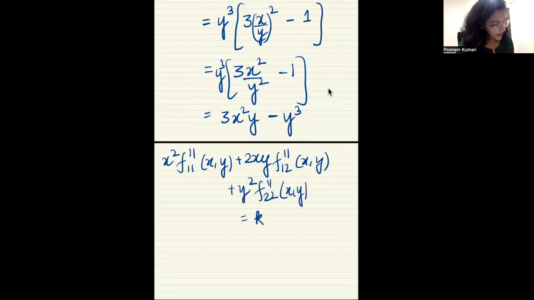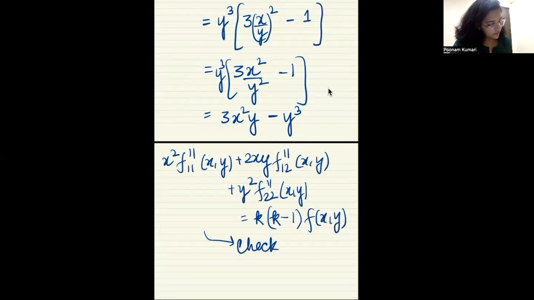This is indeed equal to k times k minus 1 times f(x, y). This will also hold true, but please check for yourselves that this is indeed true. All right. Is this fine?